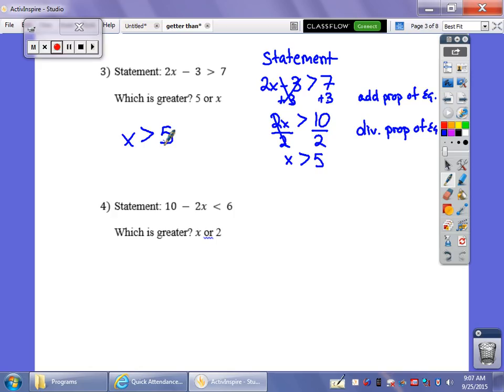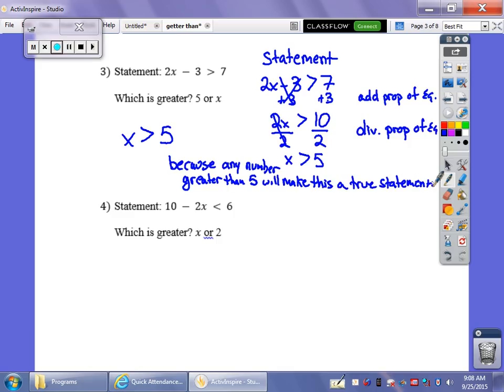The reason is because any number greater than 5 will make this a true statement. So if I plug in 6, 7, 8, 26, that will make this a true statement. So x has to be greater than 5.